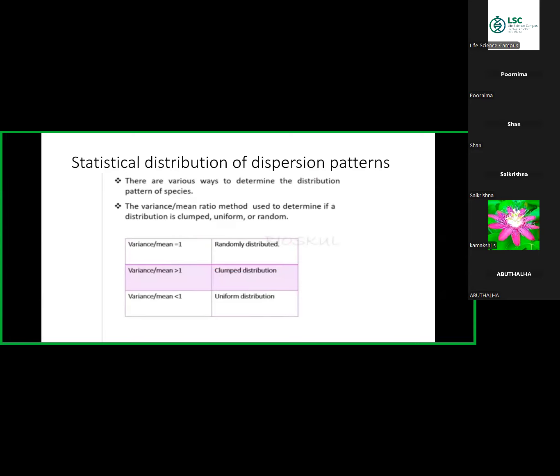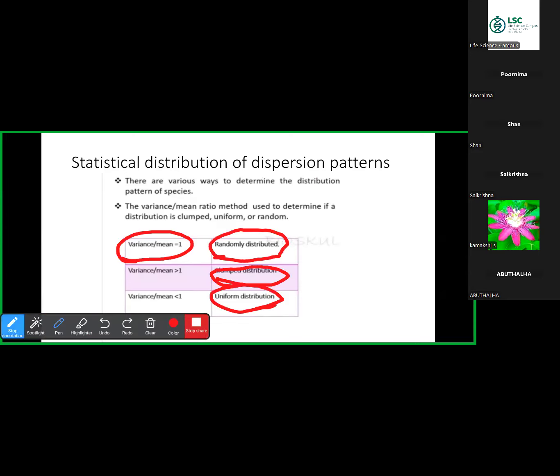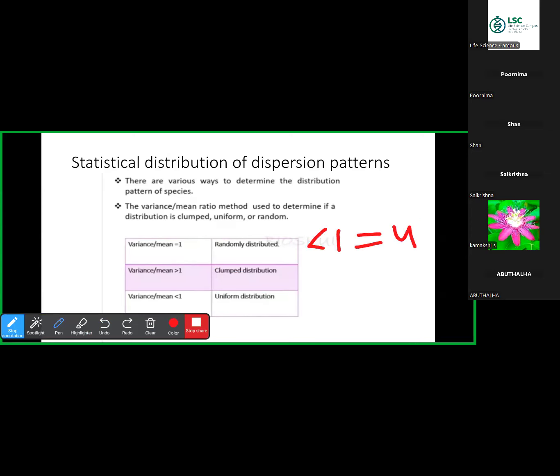If variance by mean ratio is 1, then population shows random distribution. Less than 1 means uniform. If it is 1, then random dispersion.